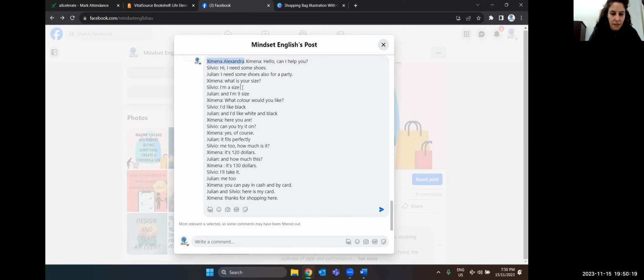Size 10. And size 9. What color would you like them in? I'd like black and I'd like white and black. Here you are. Can you try it on? Can I try it on? Yes, of course. It's perfect.